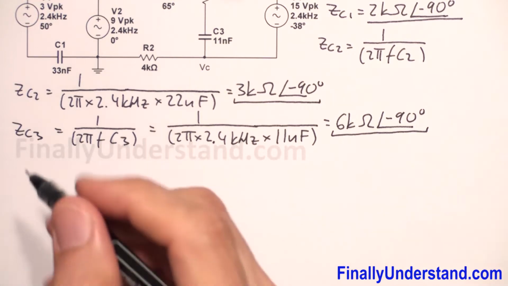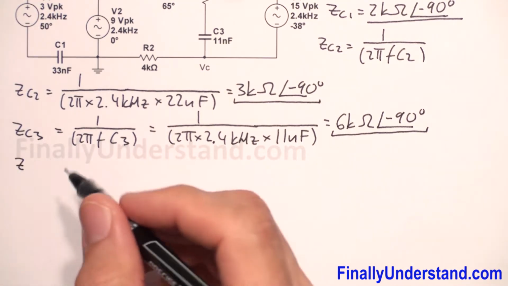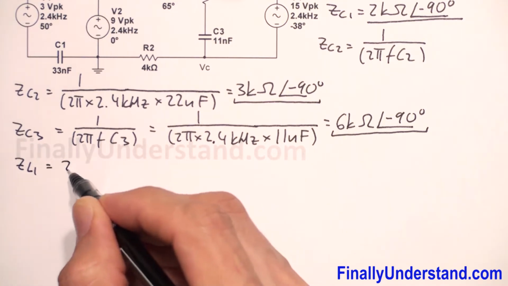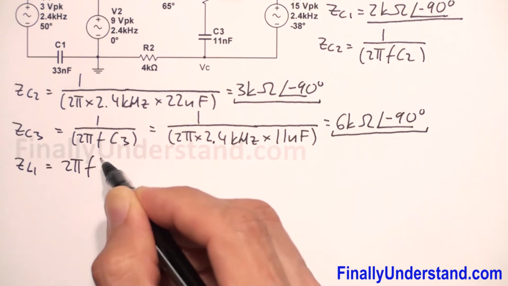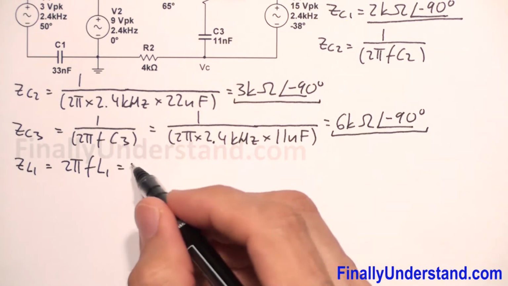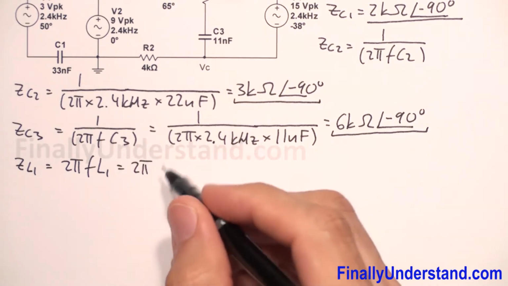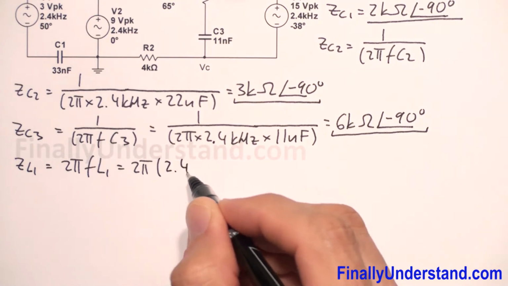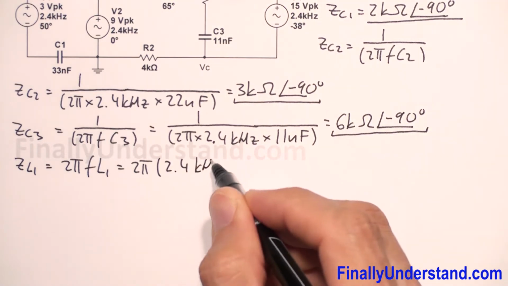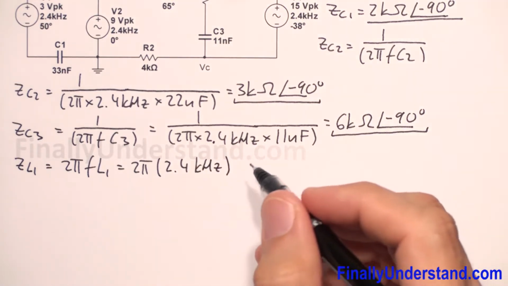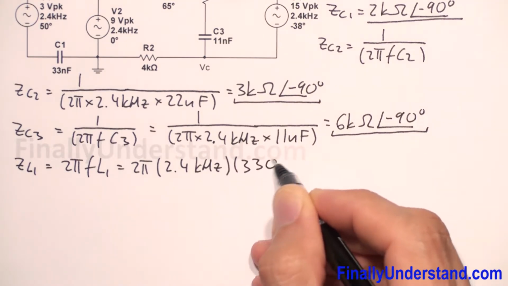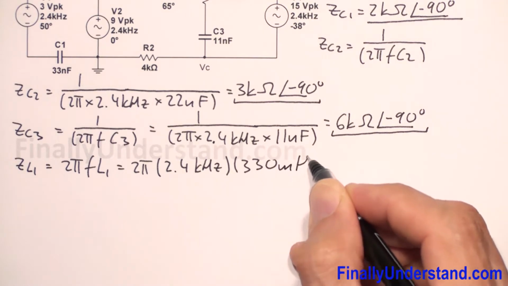Next, we're supposed to find the impedance of inductor L1. ZL1 is equal 2 pi FL1. So I have 2 pi times the frequency, 2.4 kilohertz, times L1, which is equal 330 millihenries.